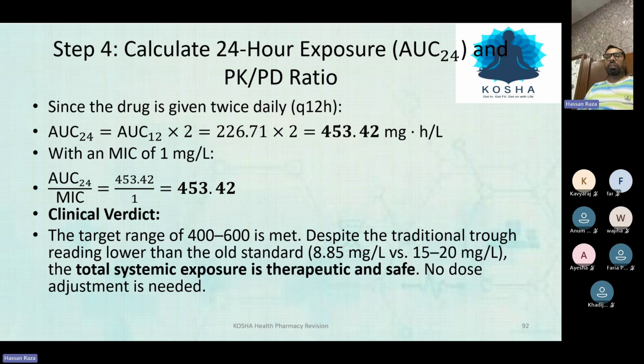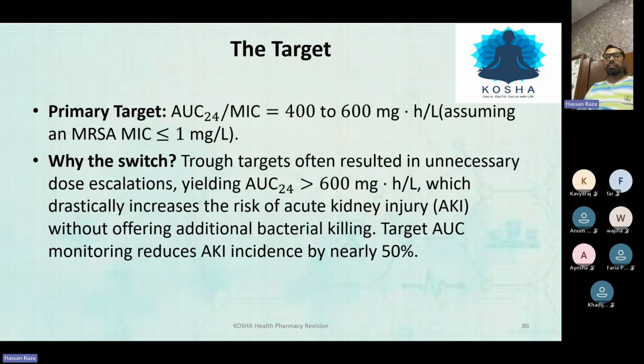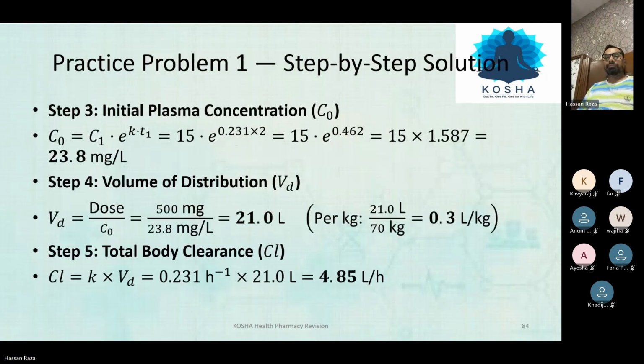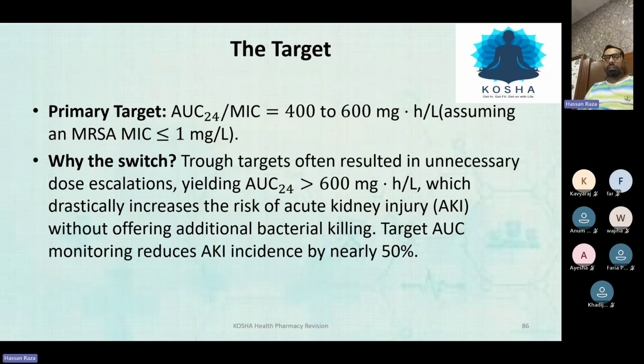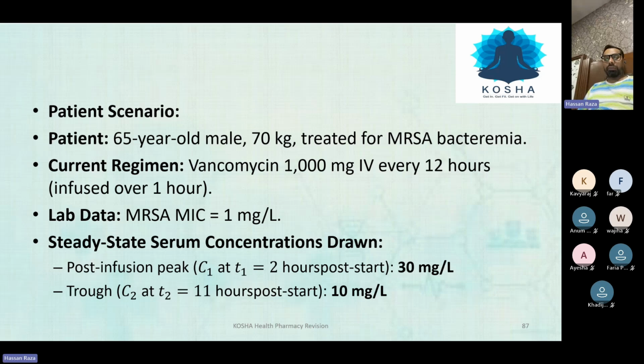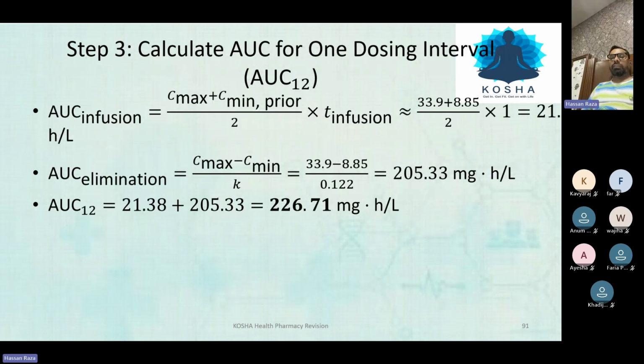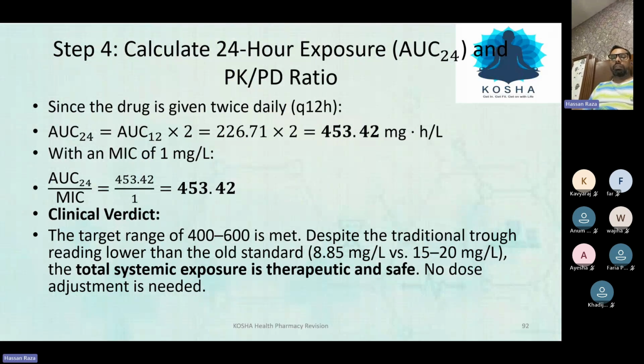Now if you can recall, the trough level was 10. Previously, in 2016, it was really easy for us just to ask the doctor to adjust the dose. But now you can see the value is 453, and it is in the range of 400 to 600.